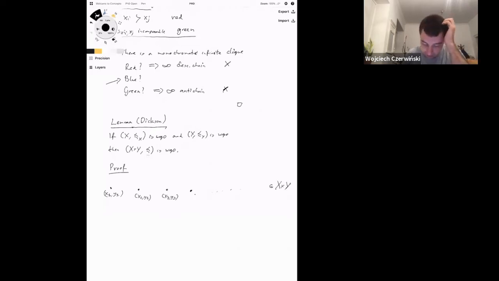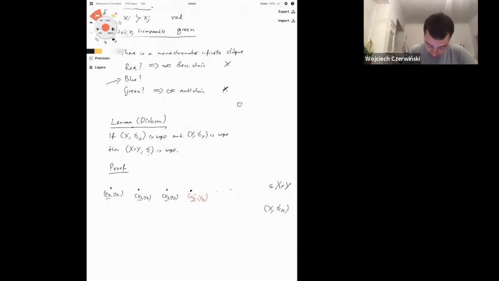So how do we proceed? First of all, we know that X is a well quasi-order. So if we look at these elements on the first coordinate, and we consider only the first coordinate, we can extract an infinite sequence of dominations on the first coordinate, and the second coordinate is arbitrary.